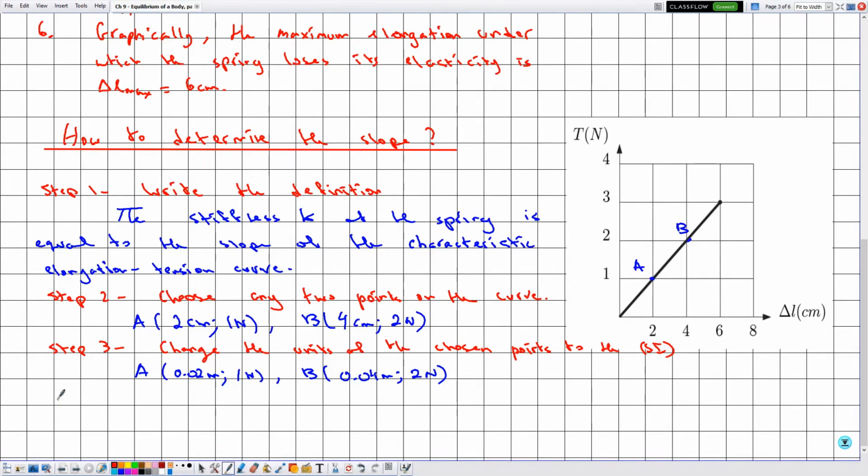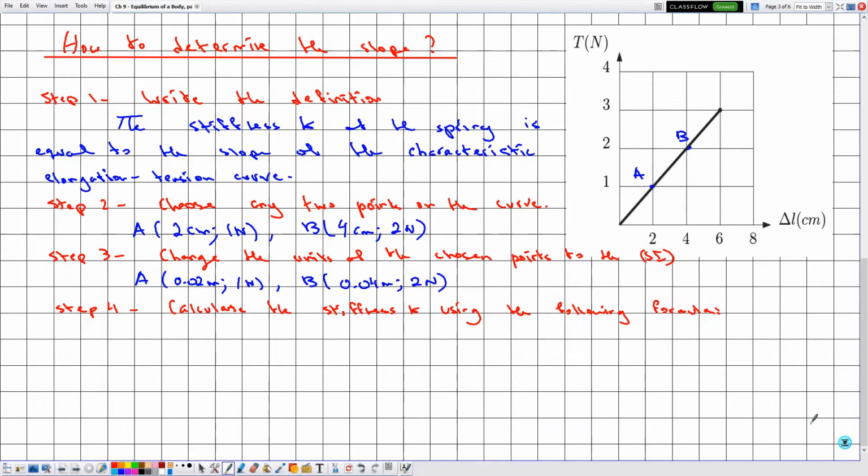Now step number 4 is to calculate the stiffness K using the following formula, which is given by K is equal to tension at the point A minus tension at the point B over the elongation delta L at the point A minus the elongation delta L at the point B. Now let's calculate it.